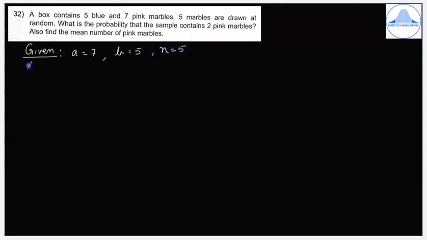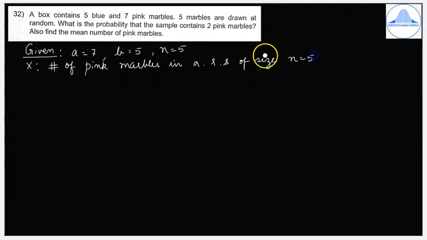The next step is to define capital X. It is the number of pink marbles in a random sample of size n equal to 5. The next important step is to write the PMF, because without the PMF we cannot find out the probability.